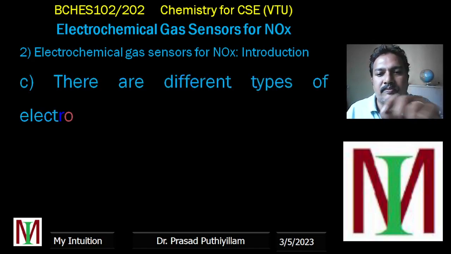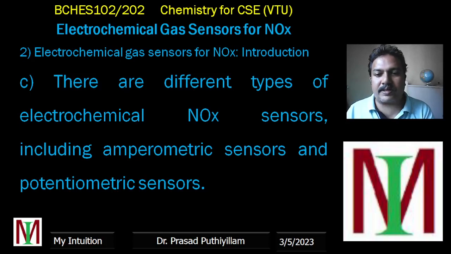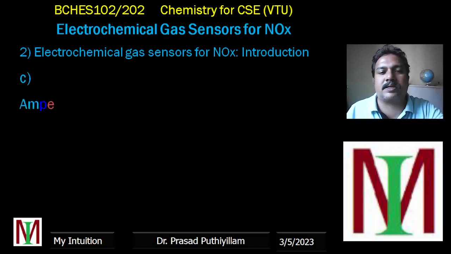There are different types of electrochemical NOx sensors, which include amperometric sensors and potentiometric sensors. What amperometric and potentiometric sensors are is explained in detail in my previous classes. Amperometric sensors are used for NOx detection. Potentiometric sensors are also used.